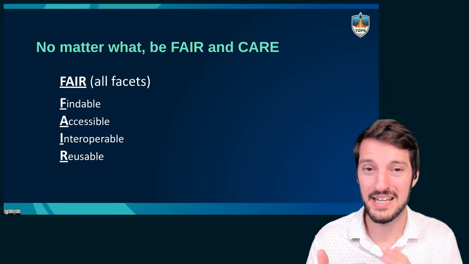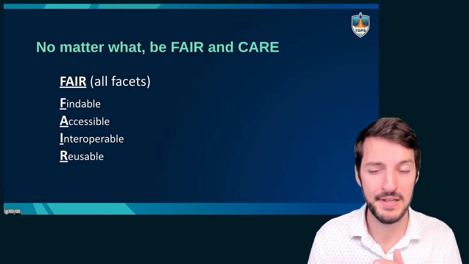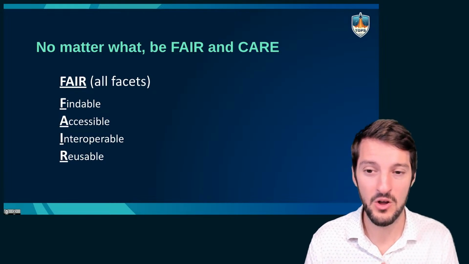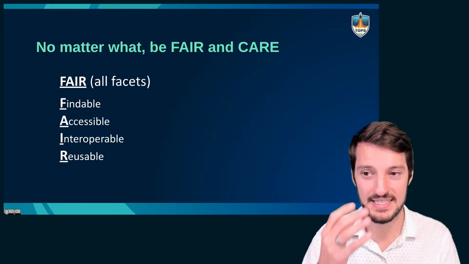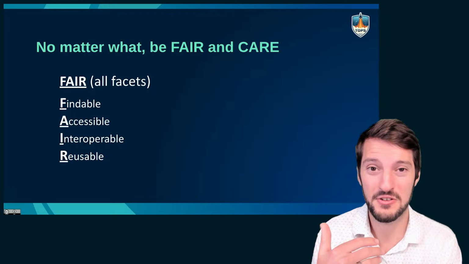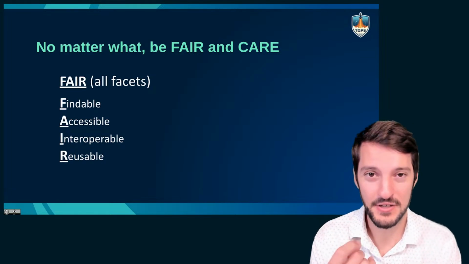And for data, are they using a data format that is non-proprietary, meaning we have an understanding of what this data structure should look like? Or are they using something that I can't make sense of? I don't know how to open this data set. I don't know how to work with it, and thus leading to a lack of interoperability.